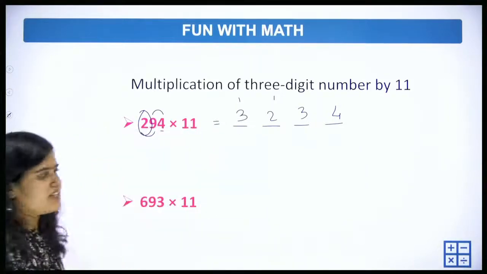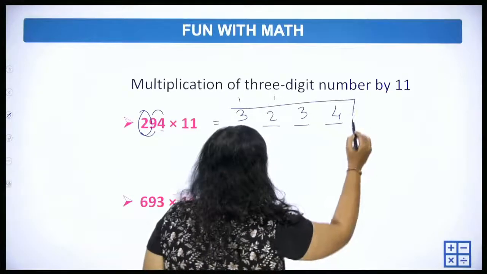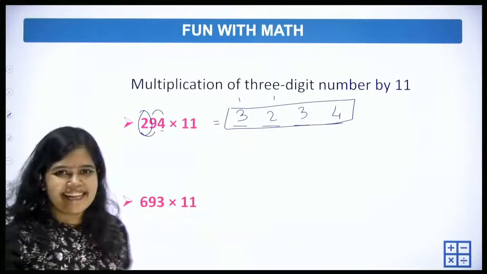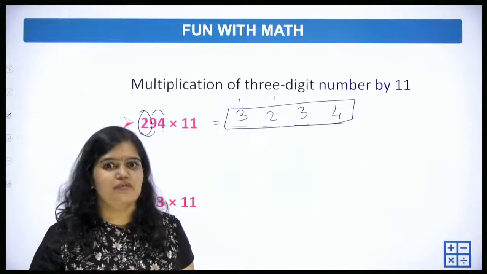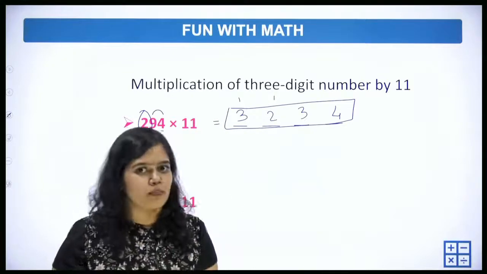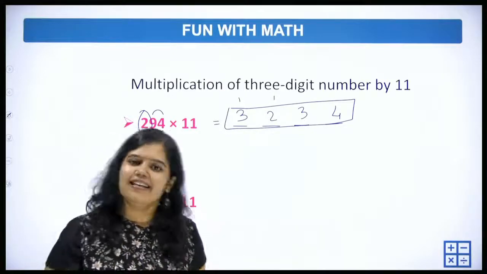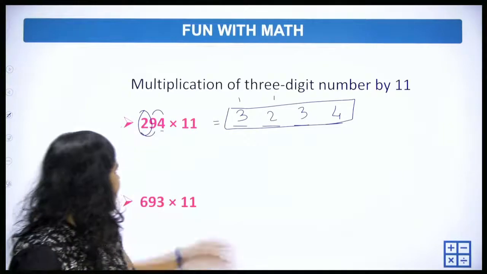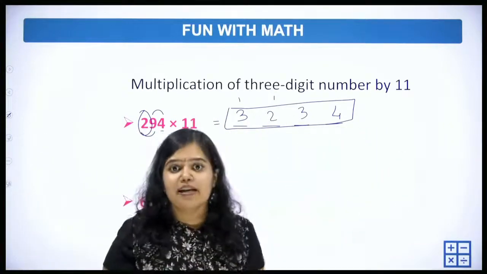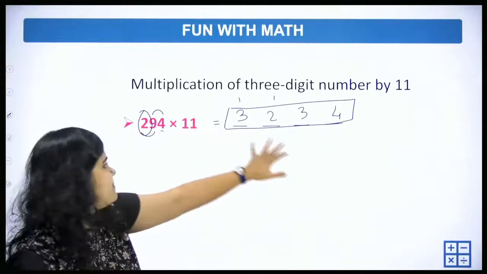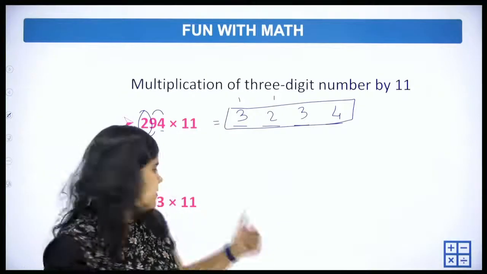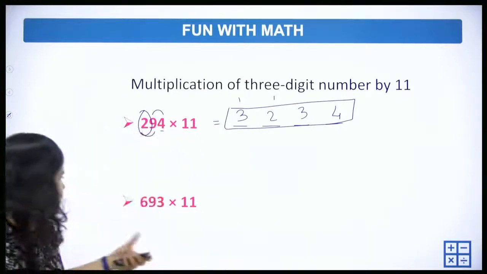So the solution is 3, 2, 3, 4. Clear? This is how you will multiply 3-digit numbers also. So to get more clarity, let's solve one more question. You see, I did not do any calculation, but I got the answer easily.